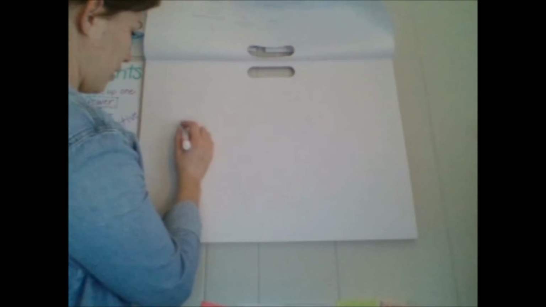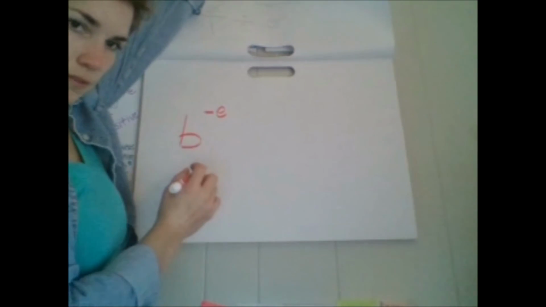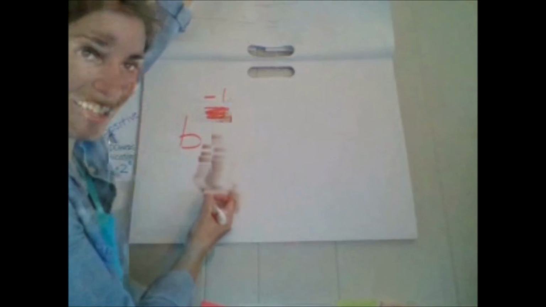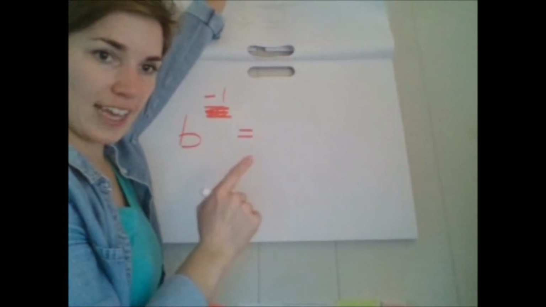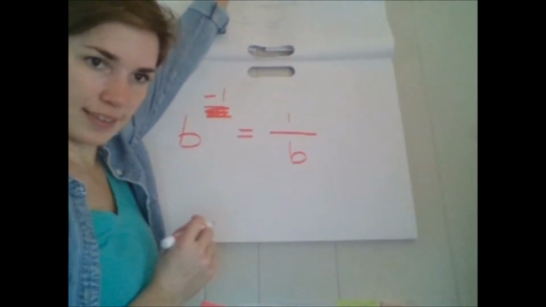Okay. So if we have a base with a negative 1 as its exponent, when we write that, we have to think about that as 1 over the value of that base.